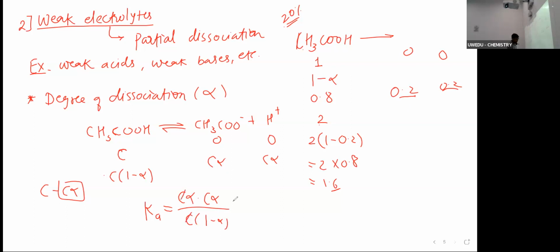The C cancels, and you get alpha square C by 1 minus alpha. This value is K, the dissociation constant. Everyone is clear with this?